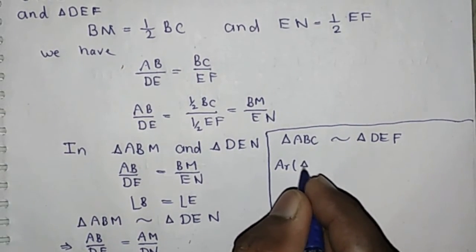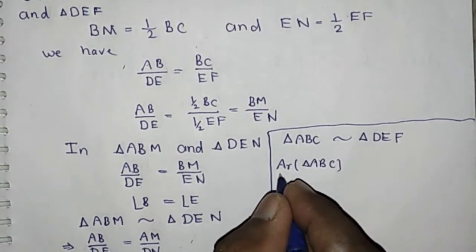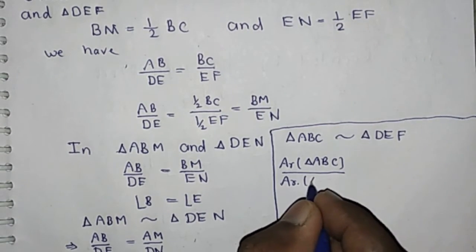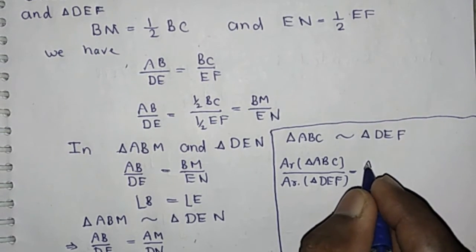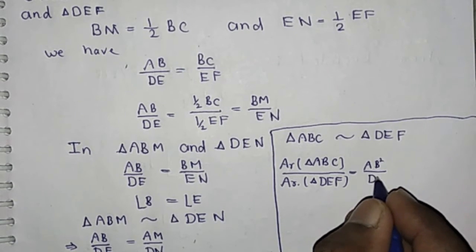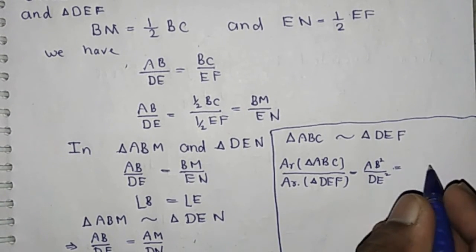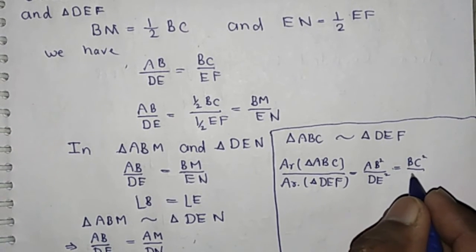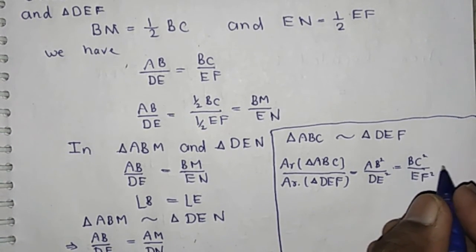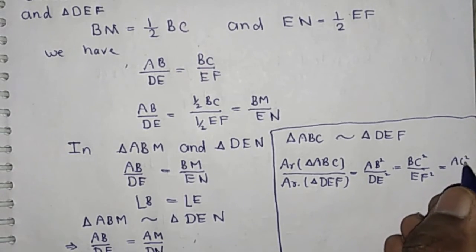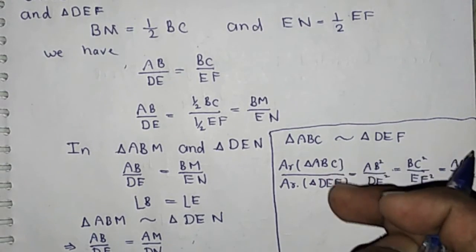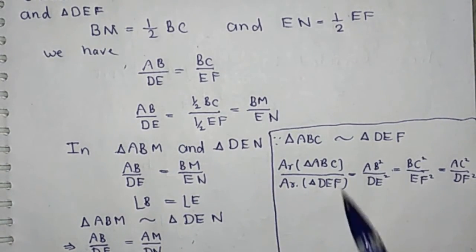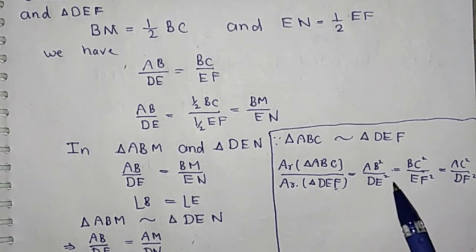Means area triangle ABC by area triangle DEF is equal to AB square by DE square, equal BC square by EF square, equal AC square by DF square.